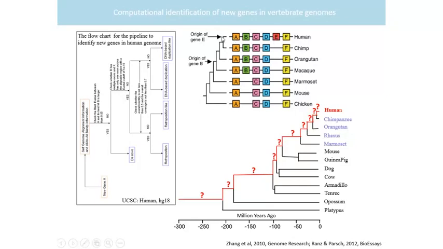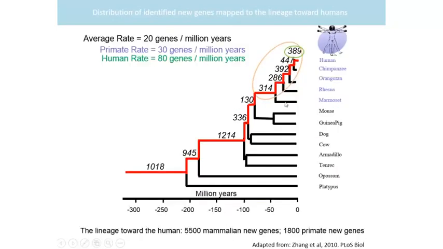All the rest of the genes, C, D, F, are very old. By informatic analysis, we identify the new genes which originated in various evolution time periods, as I show in this red line, which evolved toward the human lineage.